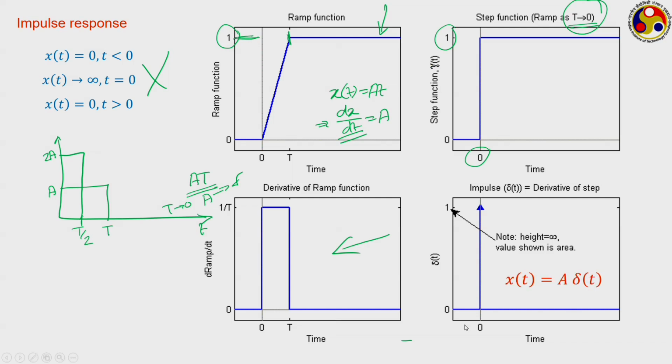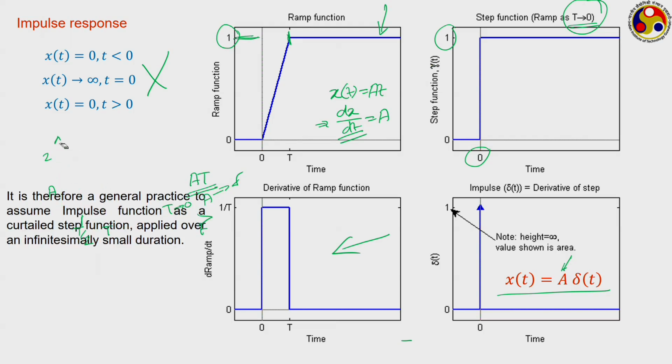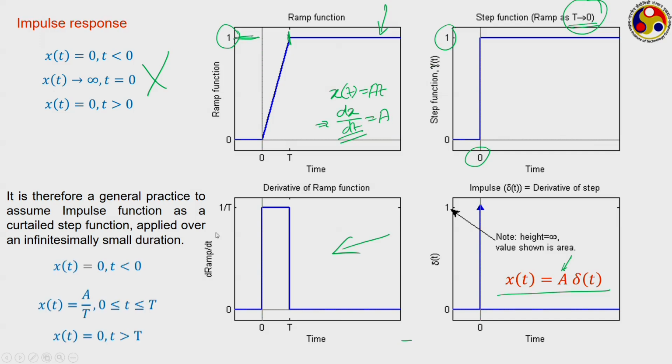Quite often it is represented in a form like this, where delta T represents the impulse nature and capital A is referred to as the strength of the impulse. Therefore, it is general practice to assume an impulse signal as a curtailed step function applied over an infinitesimally small duration of time.